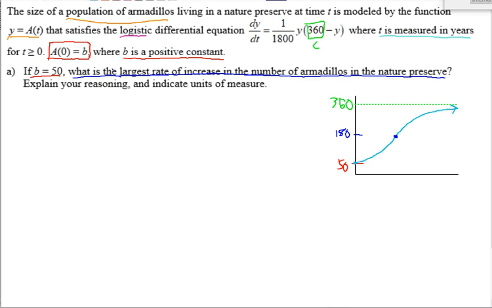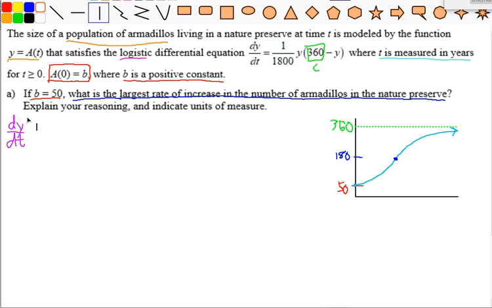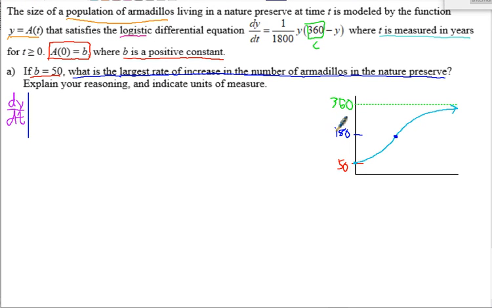So we know it occurs at y equals 180, but to actually find the rate, you would have to substitute into the derivative. So here we actually find the actual rate itself, dy/dt. When you're substituting something, remember you draw the vertical line. You can either put y or A. I'll just put y, because that's what's in our equation there for the derivative. y equals 180.